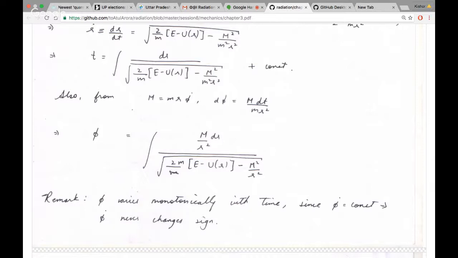Here we have this remark that phi varies monotonically with time, and since phi dot is constant, this implies phi dot never changes sign. Phi varies monotonically with time.